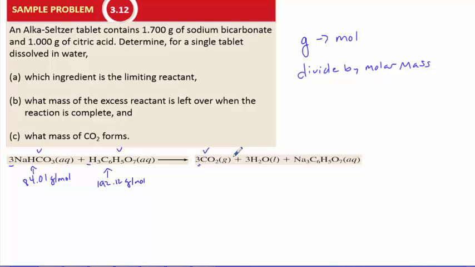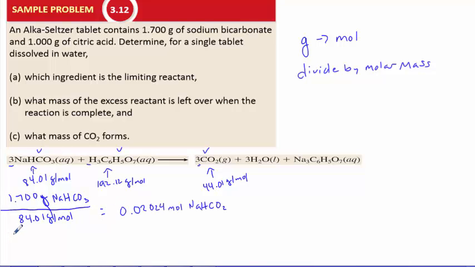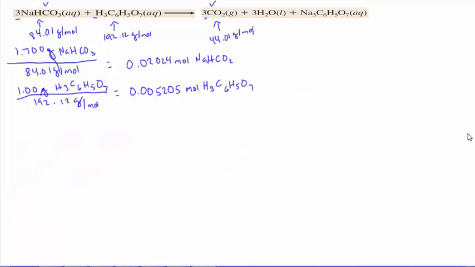And then for carbon dioxide, it's 44.01 grams per mole. So for our two reactants, let's convert them both to moles. Starting with the sodium bicarbonate, we have 1.7 grams. When we divide by the molar mass, grams will cancel and we'll be left with moles. And then do the same thing with the citric acid.